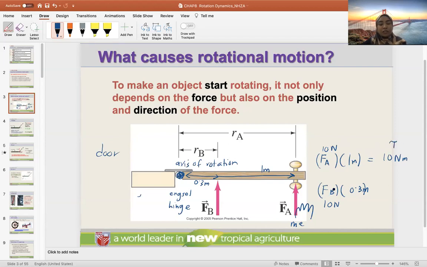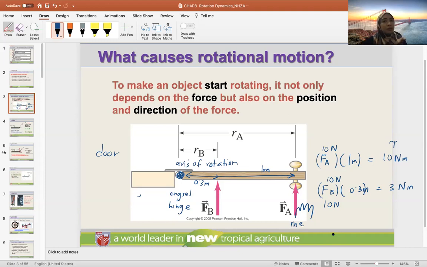And if I push at point B, a force of 10 Newton, I will have achieved a torque of 3 Newton meter. So here, the torque is larger and at this point, the torque is smaller sebab susah nak tolak.